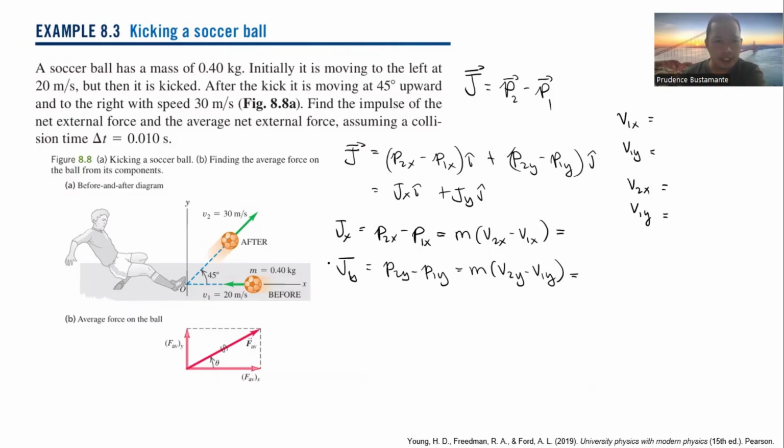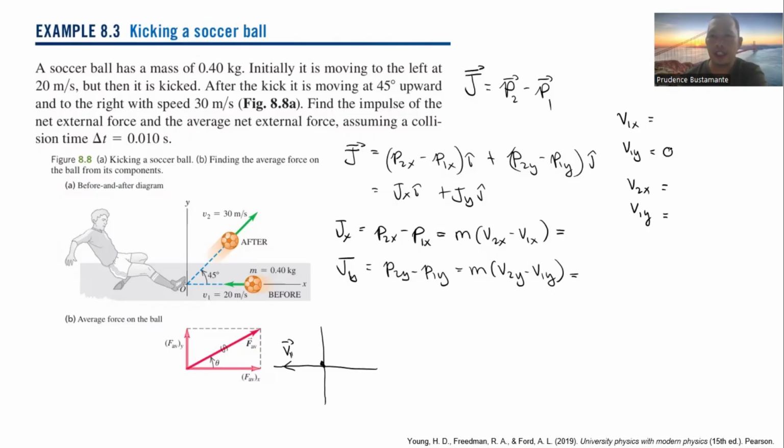Let's analyze. If we draw a Cartesian axis here, the vector v1 is along that direction. That's the velocity vector v1. It has no y component, obviously, so this is equal to 0 because the sine of 180 degrees is equal to 0.